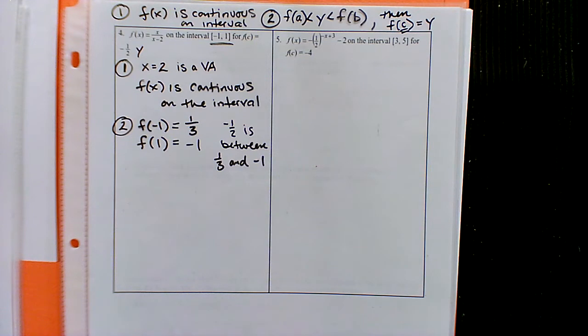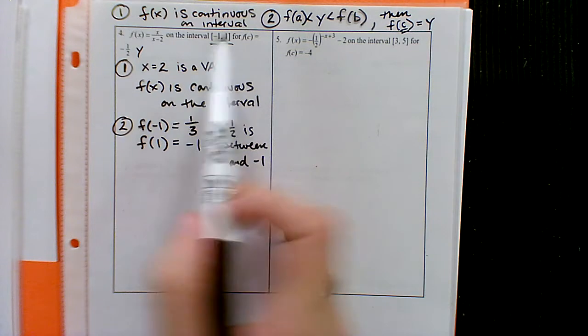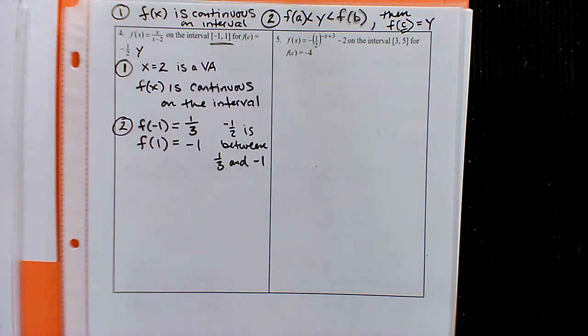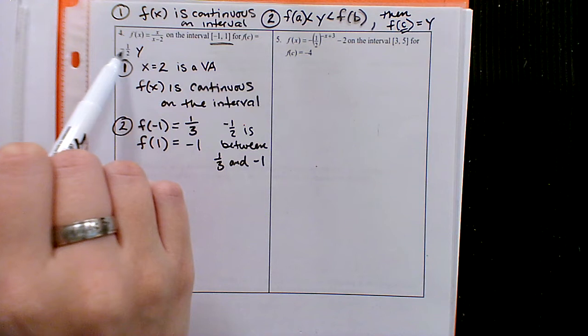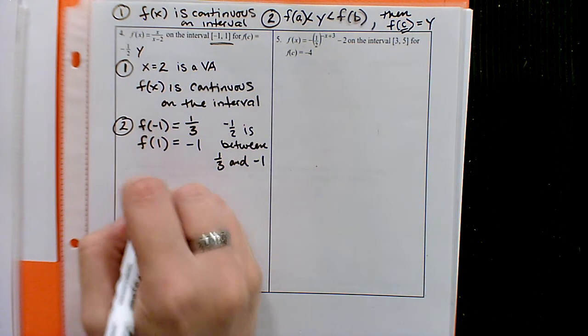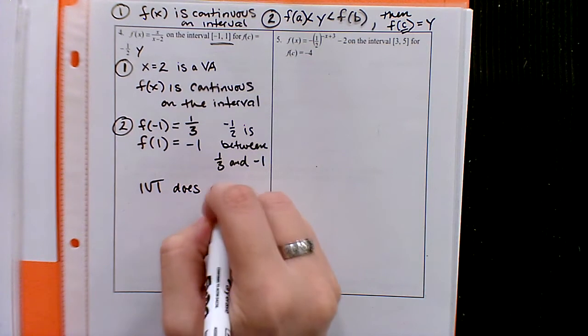So our two criteria are met, which means we are guaranteed some x value between -1 and 1, such that if we were to plug that into the equation, we would get -1/2 as our answer. Okay, so we are guaranteed at least one value. What we're going to try to do is actually find it. Okay, so we can say the intermediate value theorem does apply.